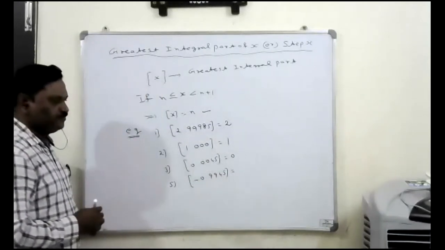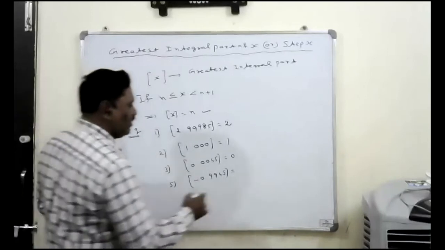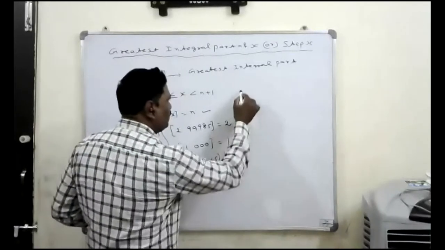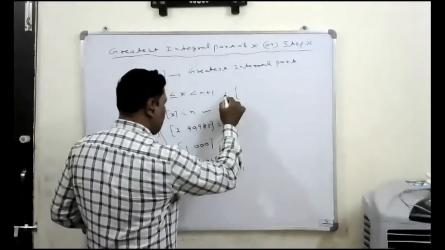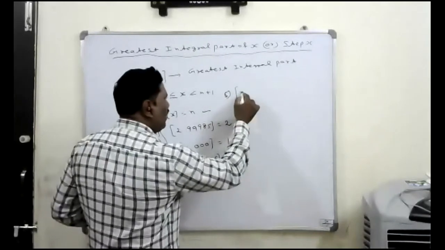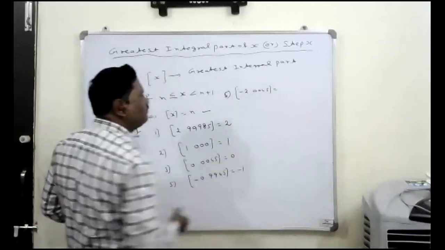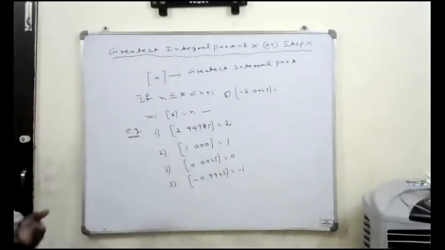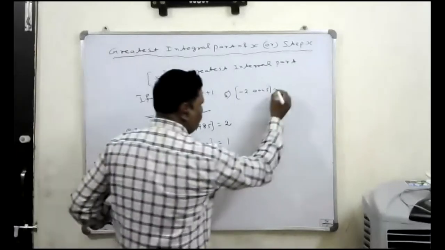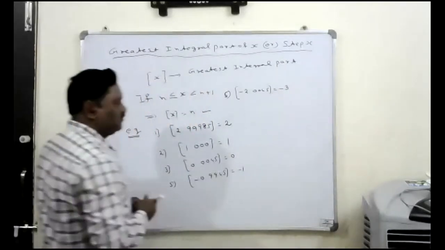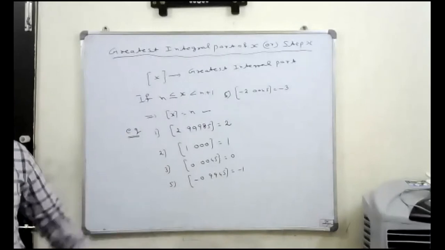What is it going to give? Minus 1. Next, integral part of minus 2.0045. Minus 3. So like that the function is going to give that value.